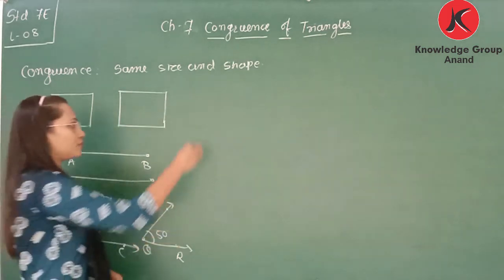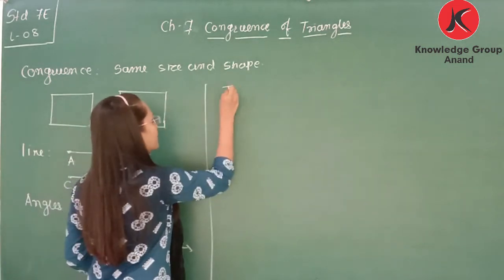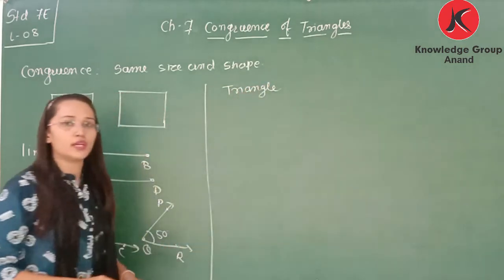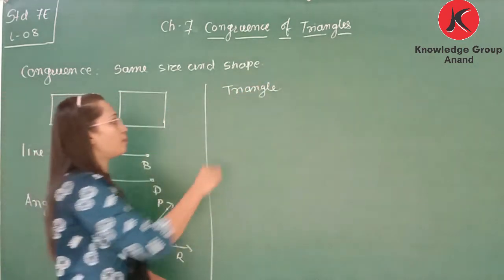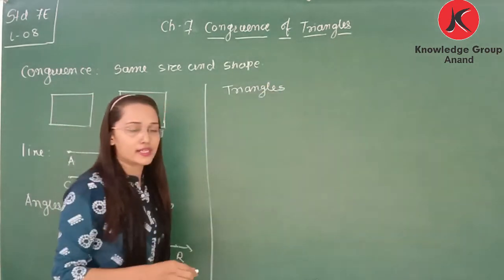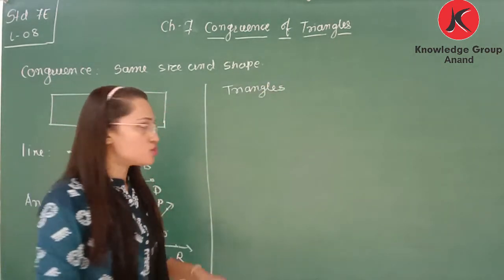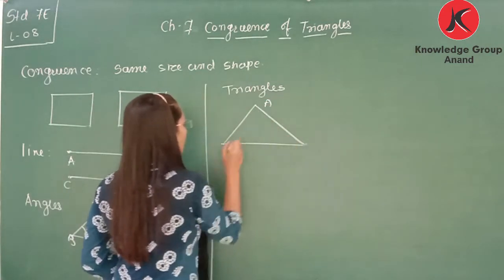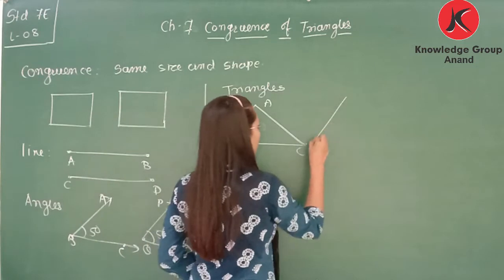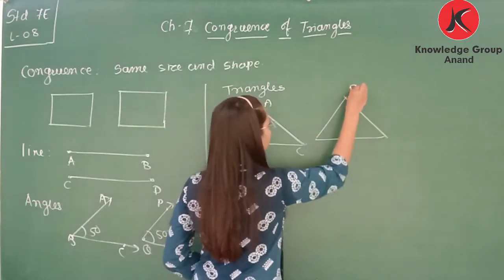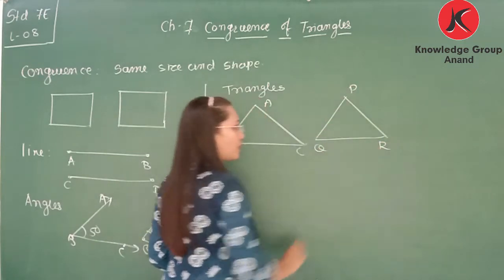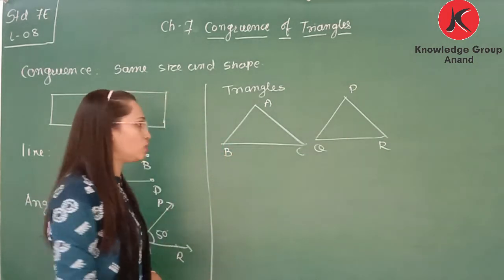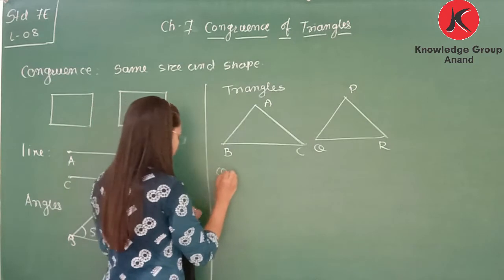Okay. After that, we learn about triangles. Now it is very important to show the corresponding parts of a triangle. In a triangle, we have vertices, angles and sides. So if two triangles are congruent, for example, triangle ABC and triangle PQR, and if ABC is exactly the same as PQR, then we have corresponding parts.